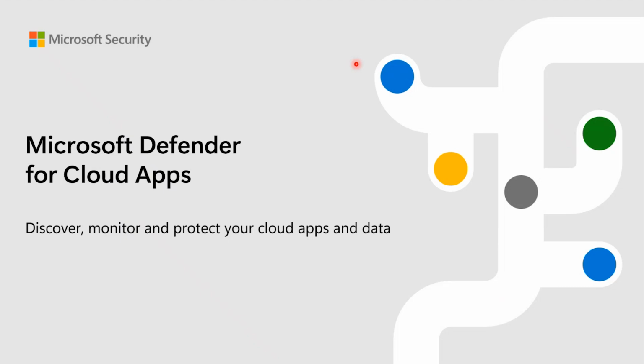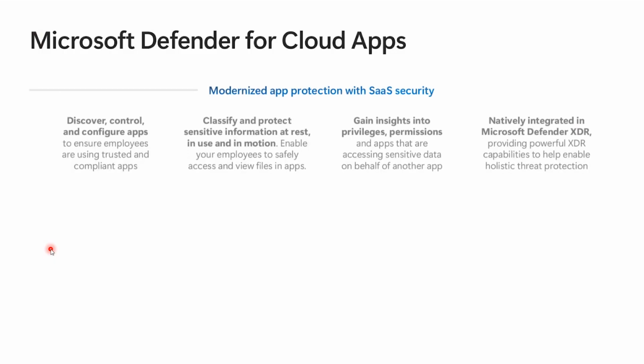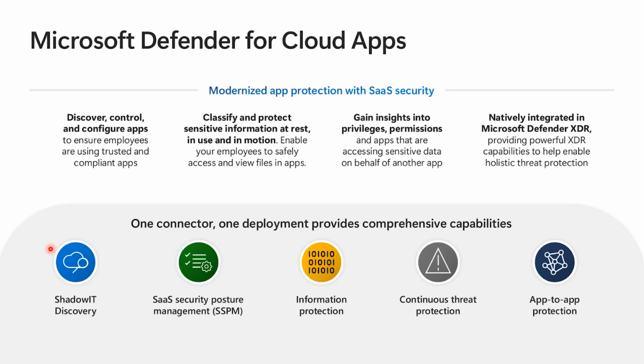So let's look at Microsoft Defender for Cloud Apps. This is a very interesting service to discover, monitor, and protect your cloud apps and data. Now, this service is used in conjunction with Defender for Endpoint because we now have that visibility into what's happening on our endpoints, that's been provided to us through those telemetry signals from Defender for Endpoint being pushed into the cloud, into Defender.